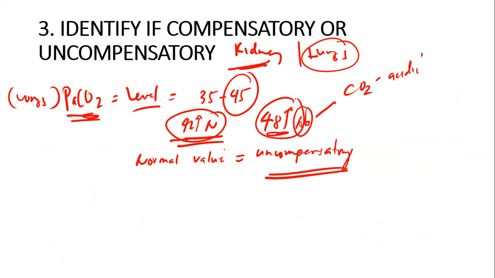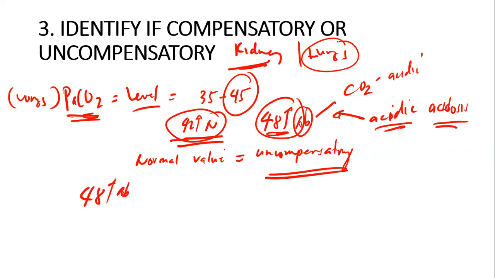So there is more carbon dioxide in your body, so it wants to become acidic. It's in an acidosis state, so it's compensating for the alkalinity of your kidney. All right, so if the value is 48, increased and abnormal, it's now compensating.